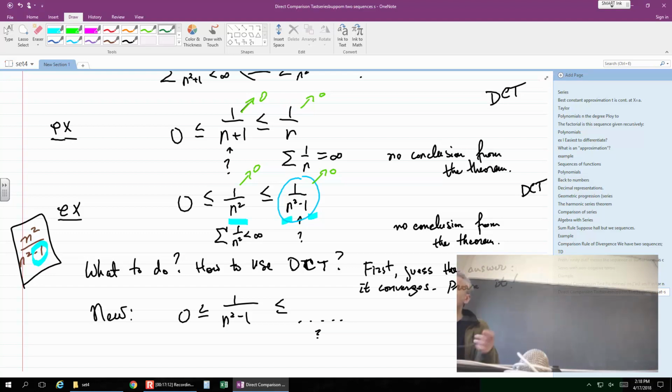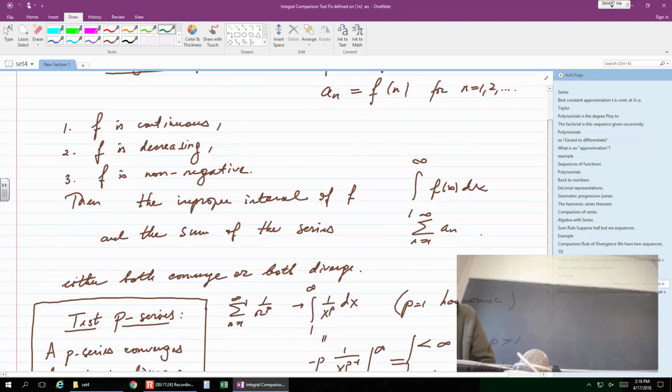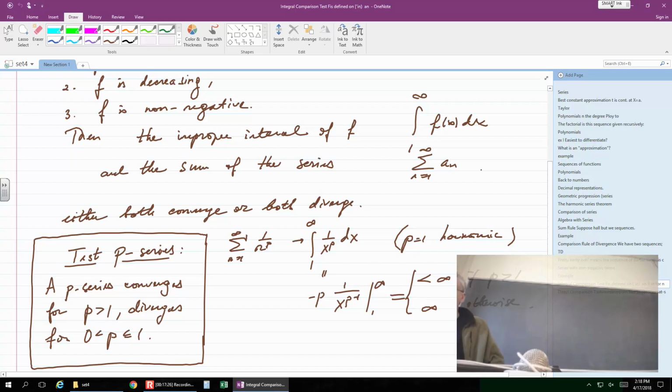The only available pool of convergent series is, in fact, the p-series. Where's my p-series? Yeah, here it is, right here on the left. So this is the p-series. It's 1 over n to some power p, and whenever p is larger than 1, we have convergence. Okay, so that's the answer.